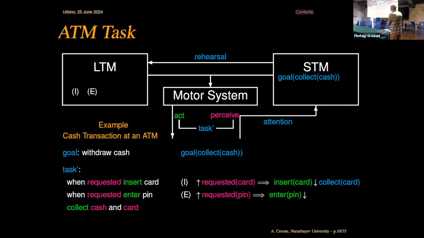But let's see another important rule. This rule is basically what we have learned. So these rules are in some part of long-term memory. It could be procedural memory, it could be semantic memory, but they are in long-term memory, something that we know how to do. Now here, when we see a request of a pin, we are automatically, in some way, entering the pin.